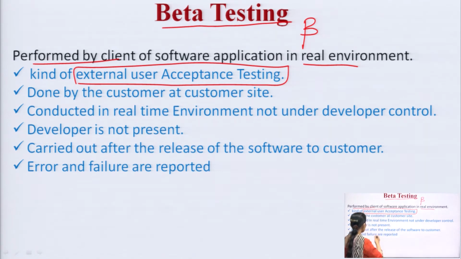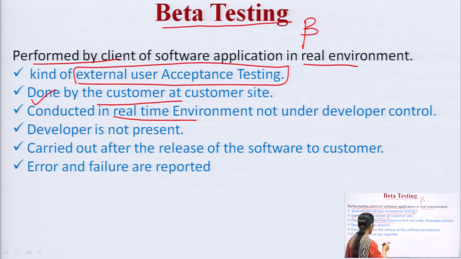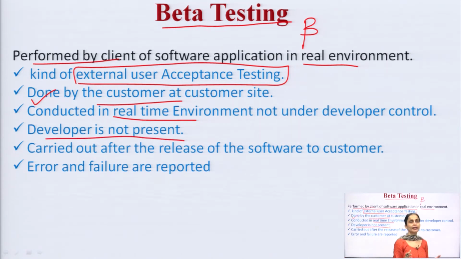Then beta testing is done by the customers and on the customer side. Then beta testing is conducted in the real time environment in which no development will occur at the same time. As I said, no development will occur, that means the developer is not present at the time of doing beta testing.